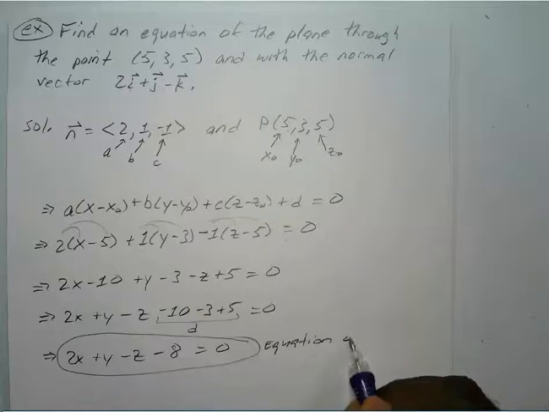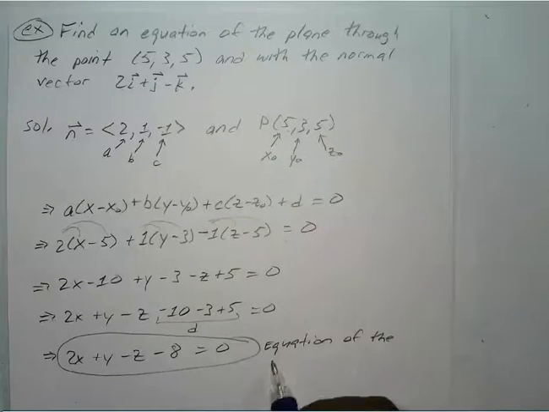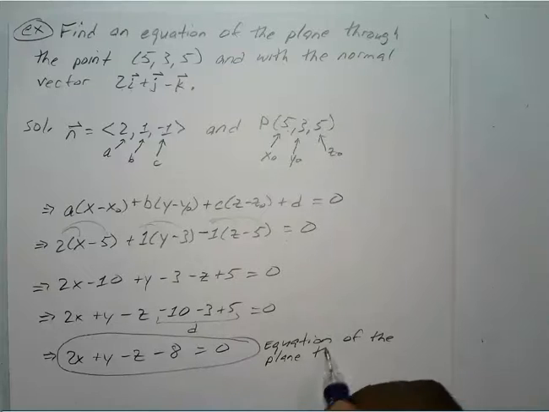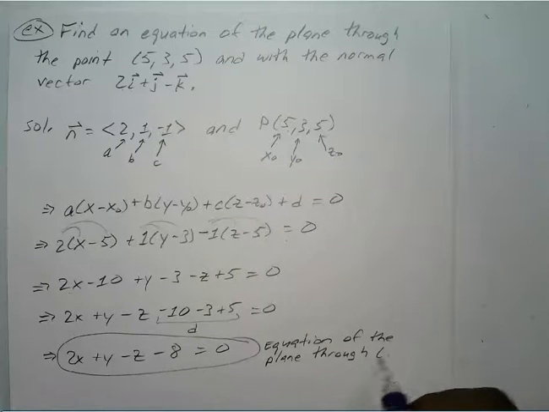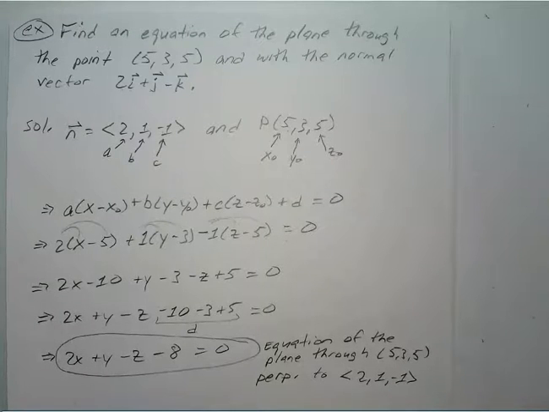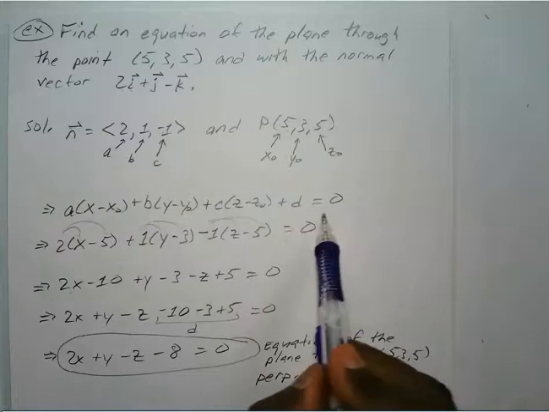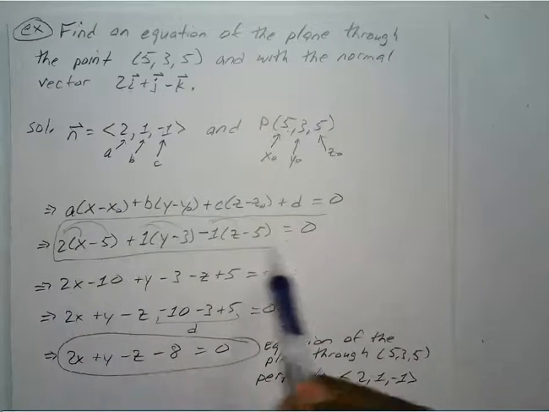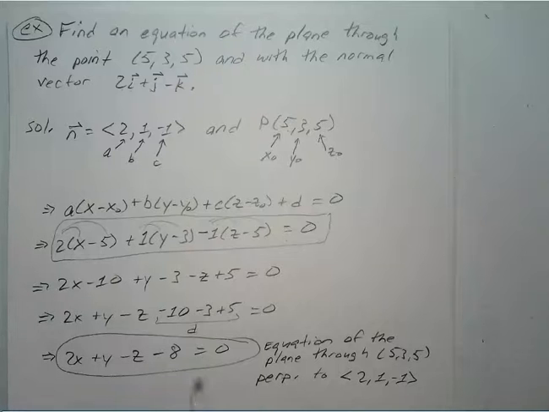Okay, so this is the equation of the plane through the point (5, 3, 5) that's perpendicular to the normal vector <2, 1, -1>. Like I said, some textbooks will ask for that answer, but this is the answer that a lot of them will prefer.